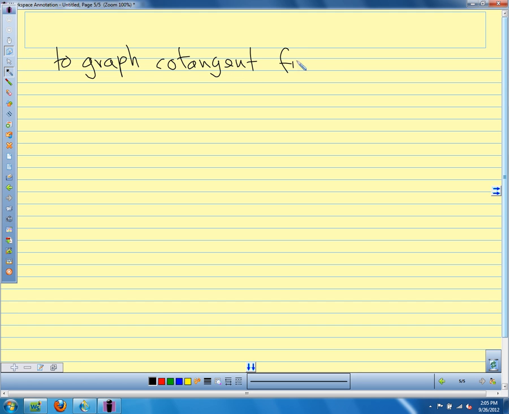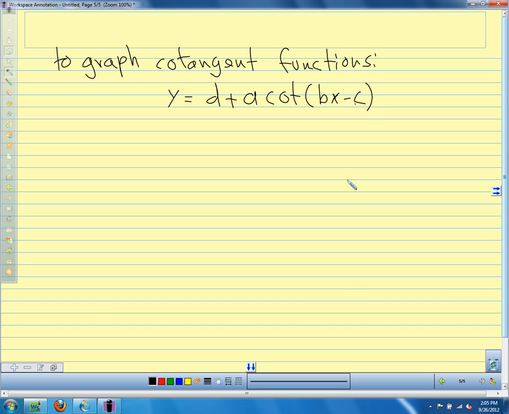So to graph cotangent functions, we write our general form y equals d plus a cotangent of bx minus c. D still gives us our vertical shift. A gives us our vertical stretch or compression. Our period is still pi over b. And c gives us our horizontal shift.